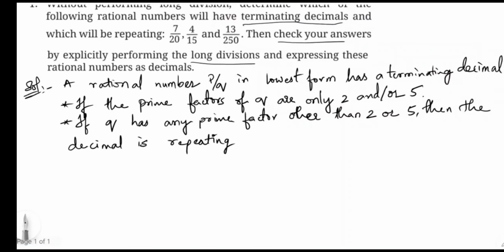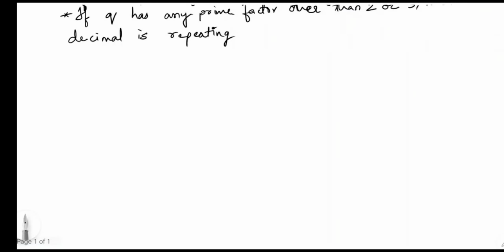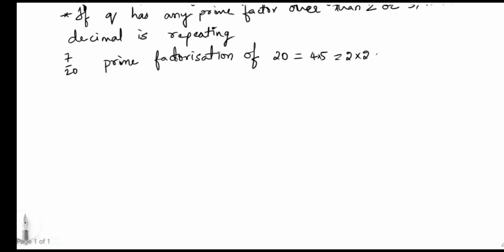Let us check the first number, that is 7 by 20. In this the denominator is 20. So let us write down the prime factorization of 20. 20 means 4 into 5, and 4 can be written as 2 into 2, so 2 into 2 into 5. So how many 2's are there? Two 2's are there and one 5.